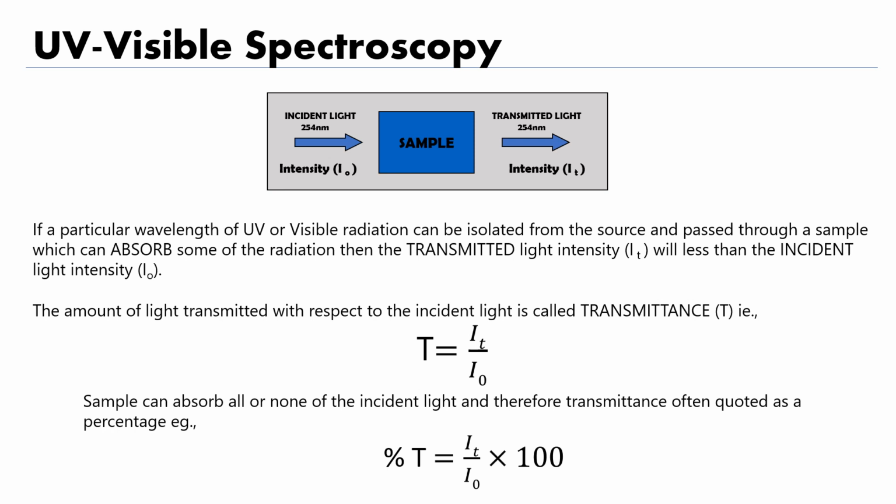When this light passes through the sample, some of the radiation is absorbed by the compound present in the cuvette, and some of the light is transmitted. So this is the transmitted light, denoted by IT, the transmitted intensity, which will be less than the incident light I0.